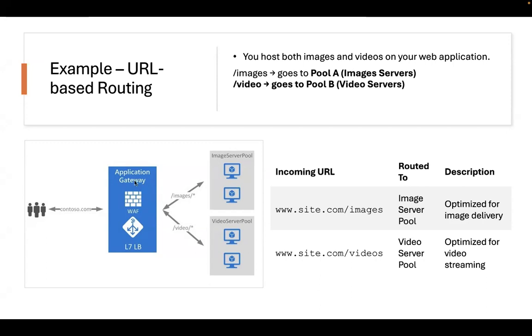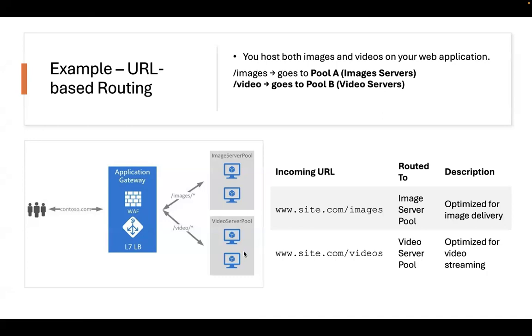The application gateway checks the URL. If the URL looks like site.com/images, it will route the request to the image server pool. If the URL looks like /videos, it will route the request to the video server pool.